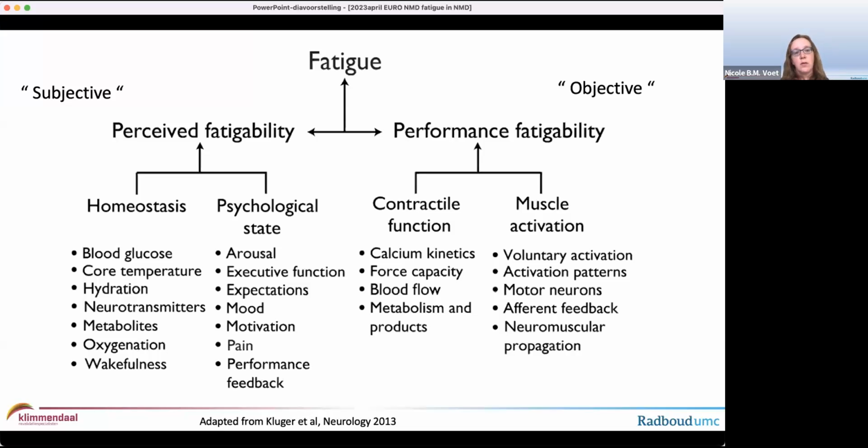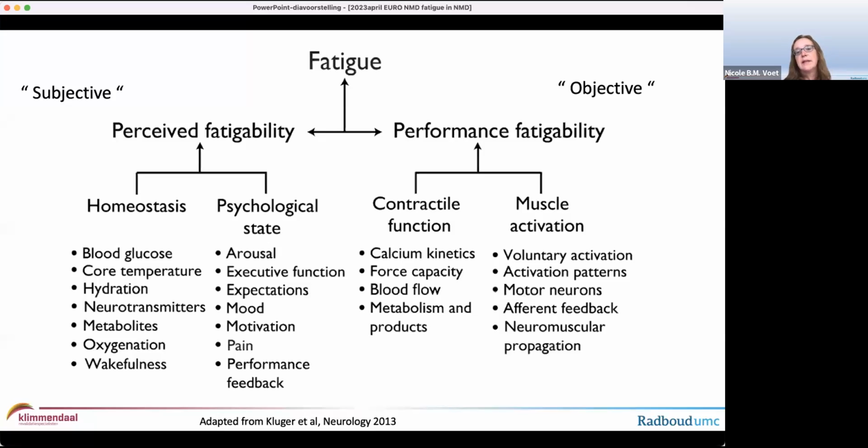For example, the level of blood glucose, metabolites, wakefulness, and the psychological state can have to do with pain, mood, motivation. So that's more the subjective part. What do you feel regarding your fatigability? And then the performance fatigability can be more easily objectively measured. That's about the contractile function and muscle activation.